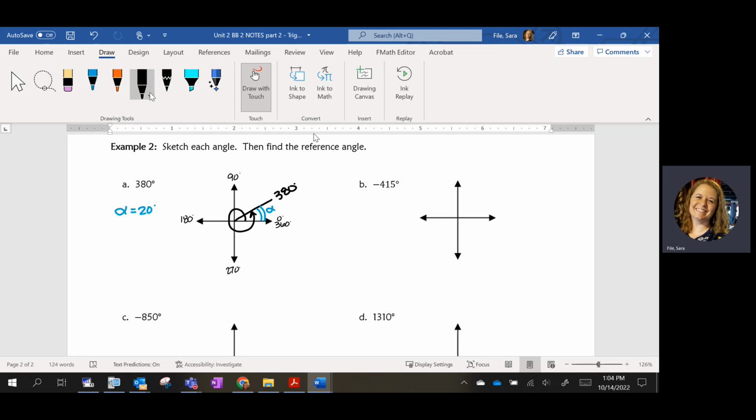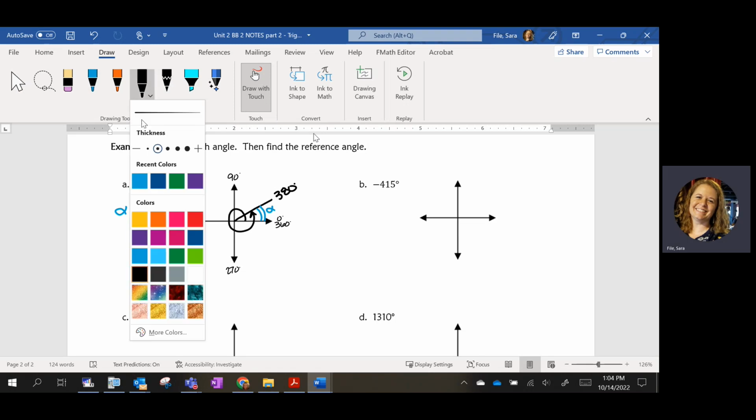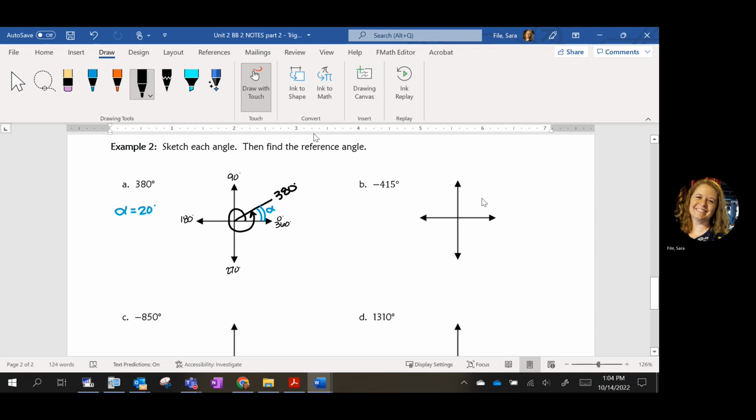All right, now this one is in the negative direction for B. So when I start here at 0, now this is negative 90, negative 180, negative 270, and then negative 360. So real quick, before I even go on with this problem, what do you know then about 270 and negative 90?